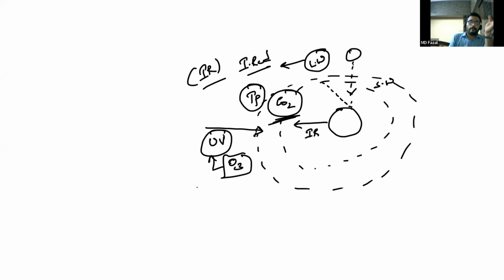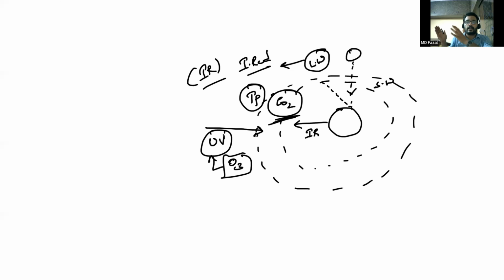It doesn't penetrate till carbon dioxide because UV is stopped earlier. Ozone is a very dense gas acting as a blanket which protects the earth. So UV gets completely trapped by this ozone, and the other invisible light passes through carbon dioxide and reaches earth.